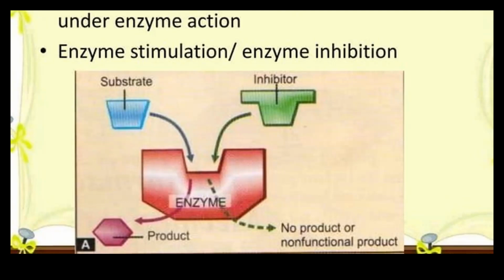The first one is enzyme stimulation and the second one is enzyme inhibition. If we are talking about enzyme stimulation, this is also relevant to some natural metabolites only, such as pyridoxine. Pyridoxine acts as a cofactor and increases decarboxylase activity.